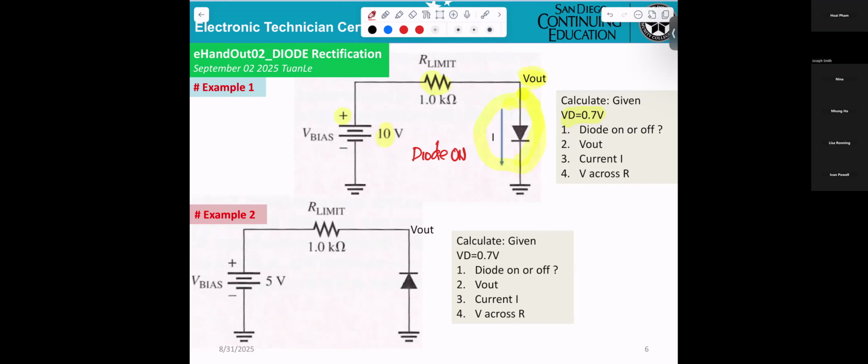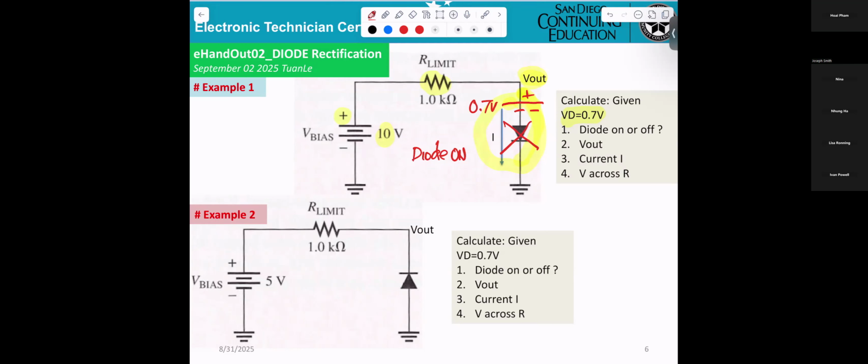Okay. And when we say the diode is on, you don't care about the symbol anymore. You have to substitute it with a battery. What is the battery voltage? 0.7. So now you draw positive, negative, plus, minus, 0.7.